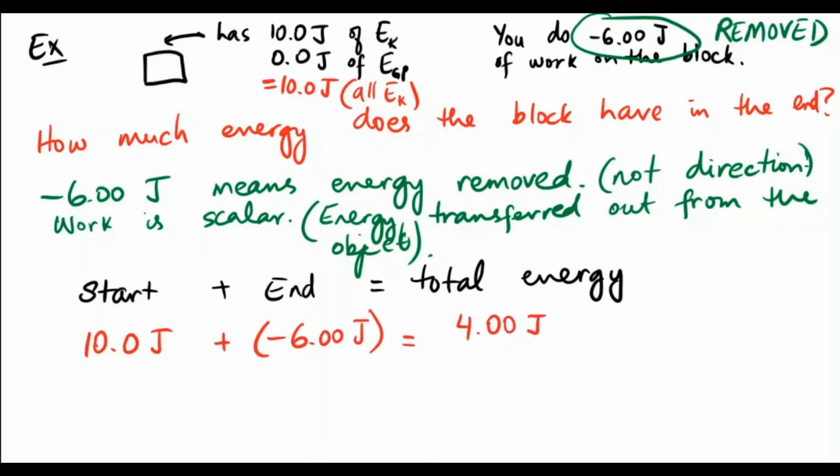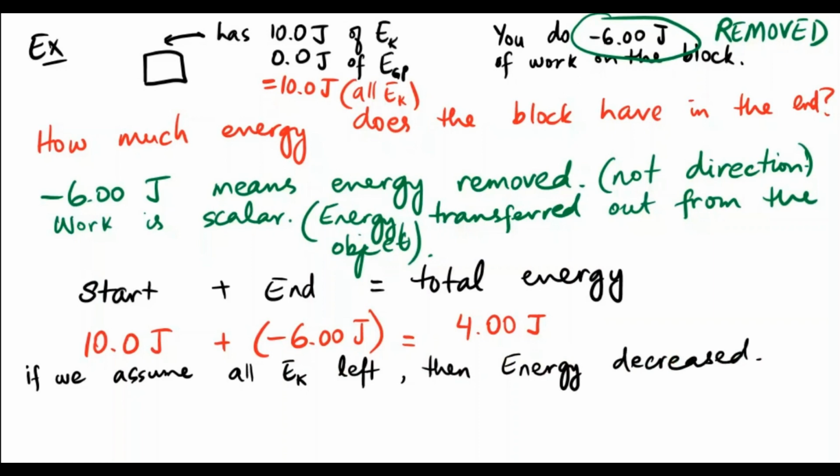Now, if we assume all of the kinetic energy left, since it started off with all kinetic energy, then it means that its energy has actually decreased. If you think of it, what is kinetic energy? Kinetic energy is the energy because of motion.